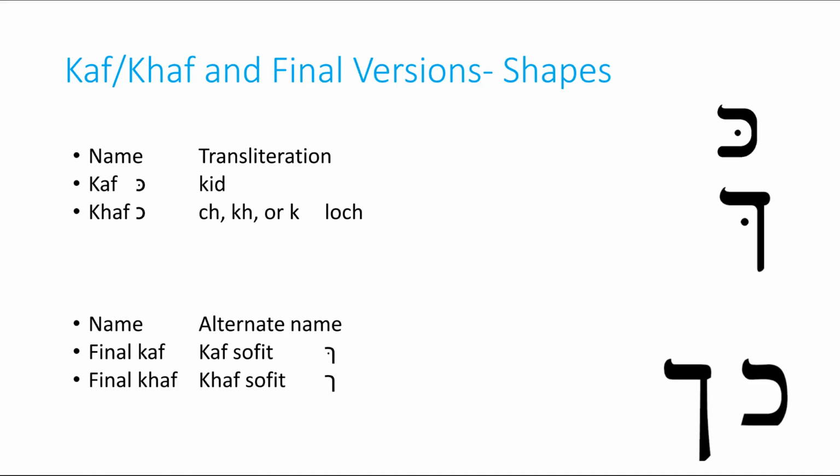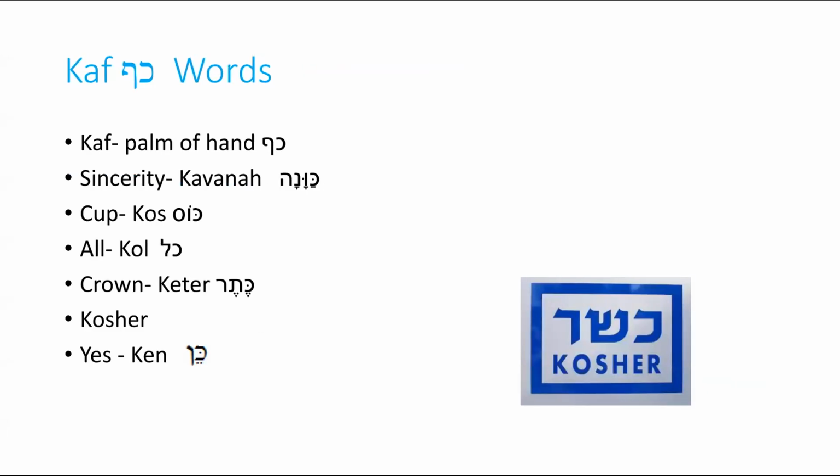But it's only on some letters that there is a final version. And so the k with a dot has this kid sound, kid. Without it, it's got a ch sound, and that's for both the kaf at the beginning of a word and the kaf at the end of a word. So we'll look at some other letters gradually that have a sofit.